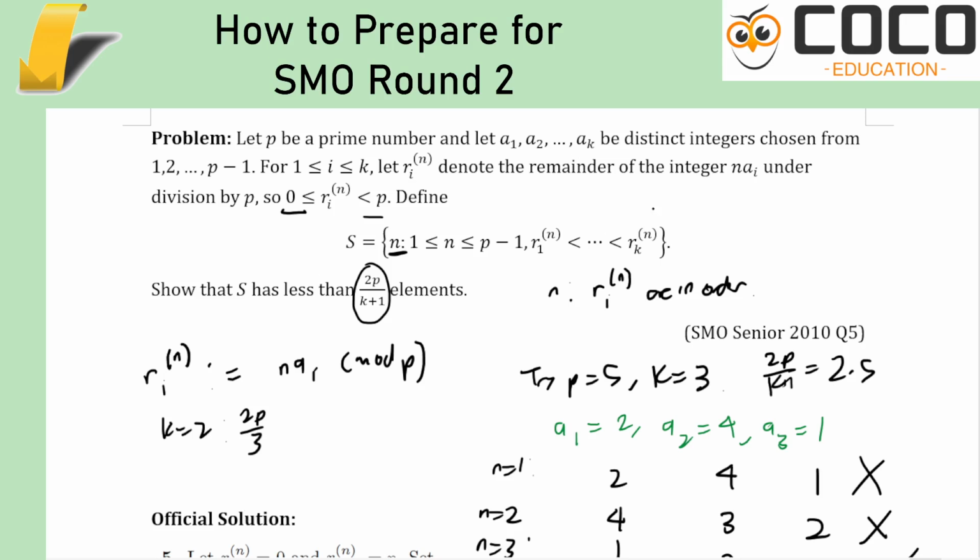An extreme case would be if you did something very small, like k equals 2, a1 equals 1, a2 equals 2, and let's say p equals a big prime number like 101. Then n equals 1 all the way to n equals 50 would work.